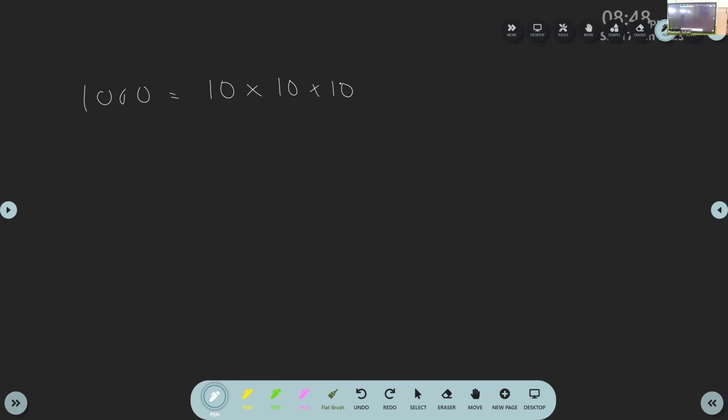So what will I do now? Row, column, and I don't know what to call the third one. So arrange the bottles in a 10 cross 10 cross 10 cube.